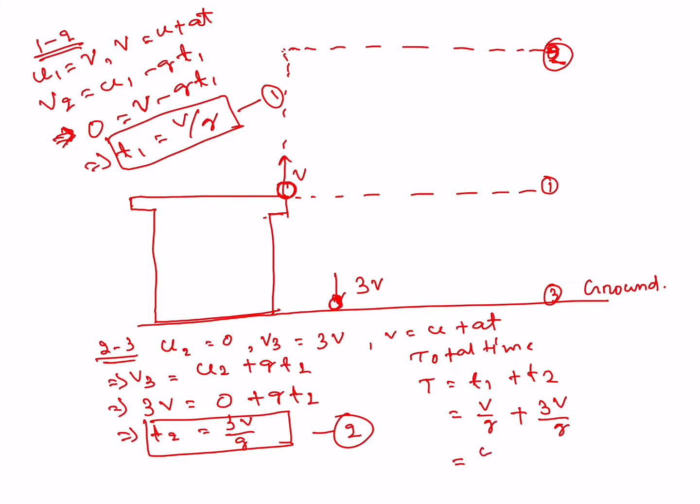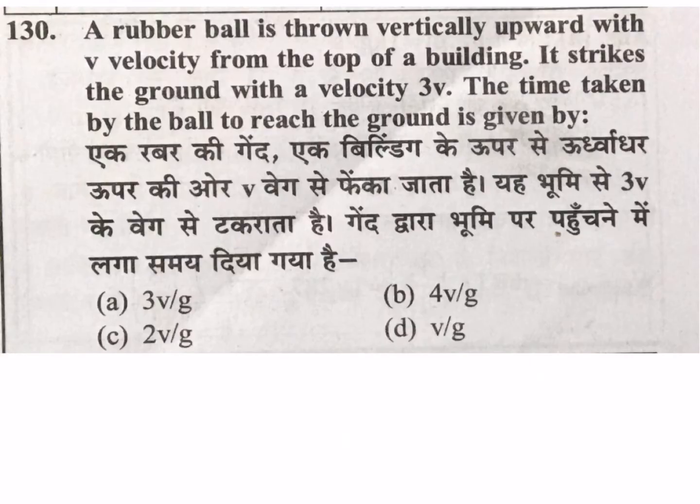So how much total time? 4v by g. So B is your correct answer. The time taken by the ball to reach the ground is given by 4v by g.